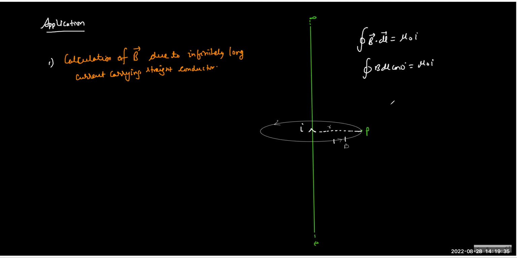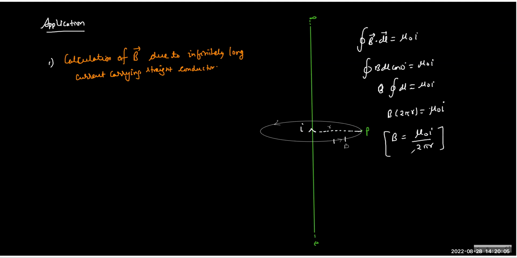We can also claim that B is going to be the same for every point because it is equidistant. And if you add all dl over the entire contour, what do you get? 2 pi r. So B turns out to be mu naught I by 2 pi r.